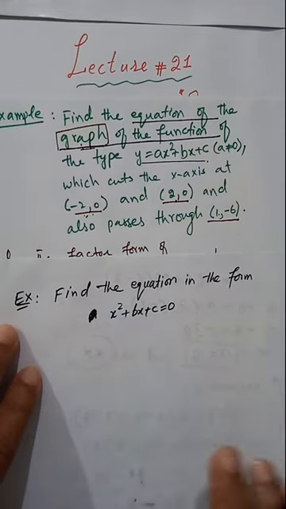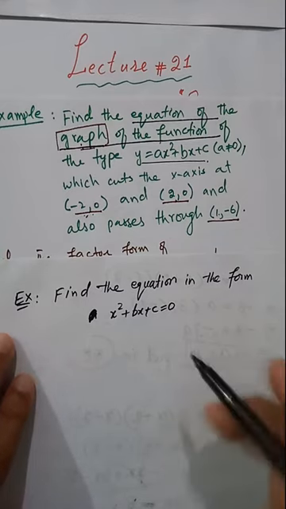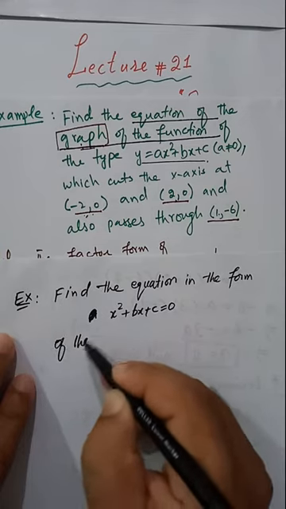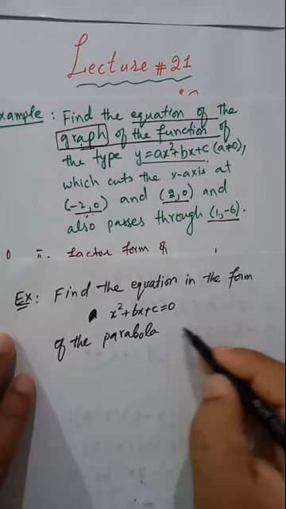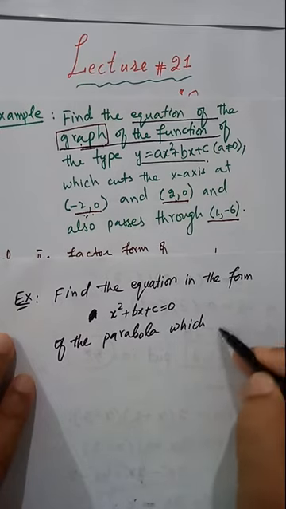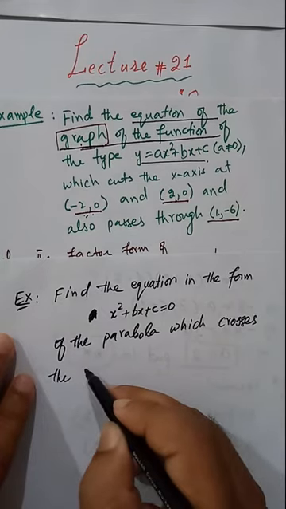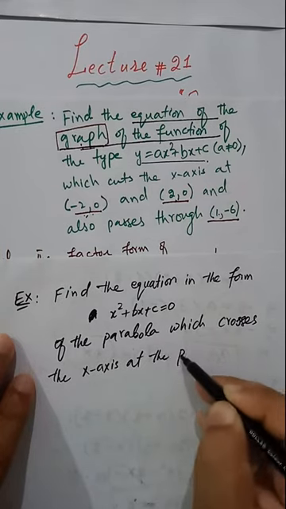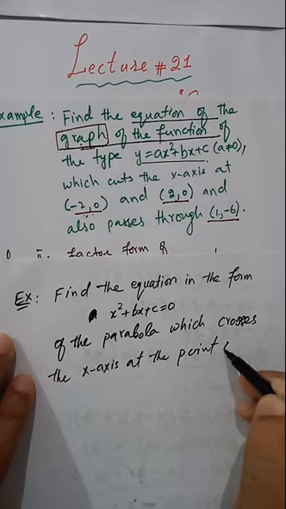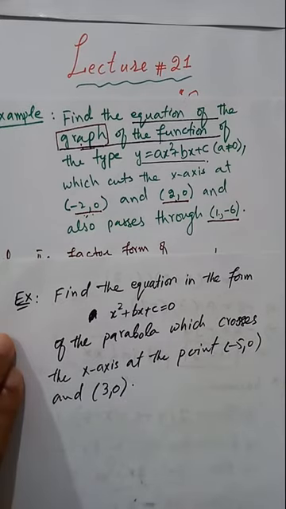You see that this is not the general form of the equation of the quadratic function, okay, of the parabola which crosses the x-axis at the points minus 5, 0 and 3, 0.